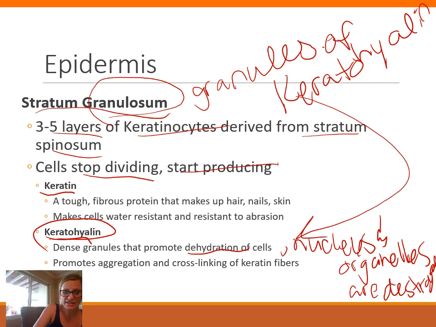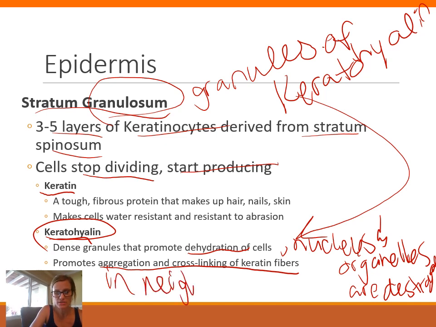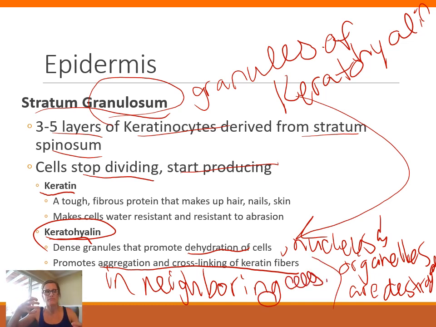This keratohyalin also promotes aggregation and cross-linking of keratin fibers in neighboring cells. So if you have a cell here and a cell next to it, and they're both going to be filled with keratin, the keratin will actually cross-link from one cell into the next.